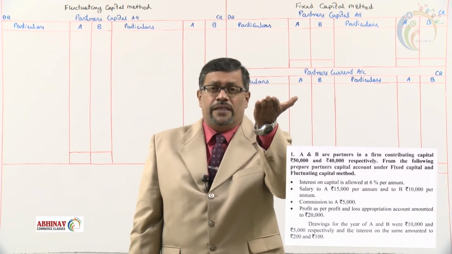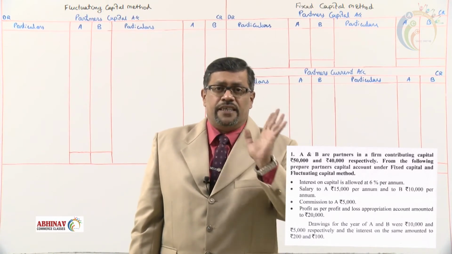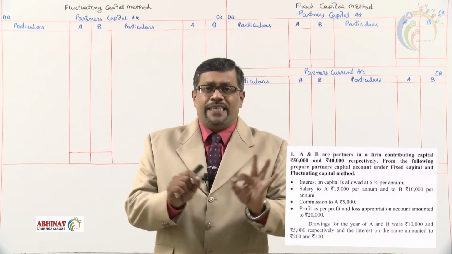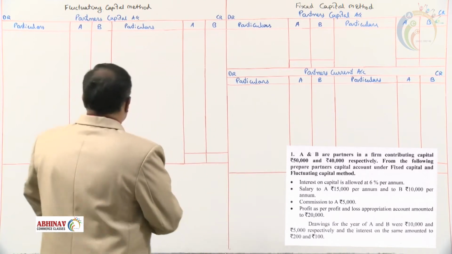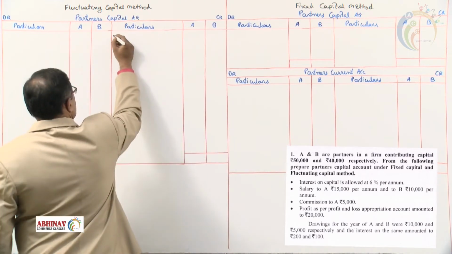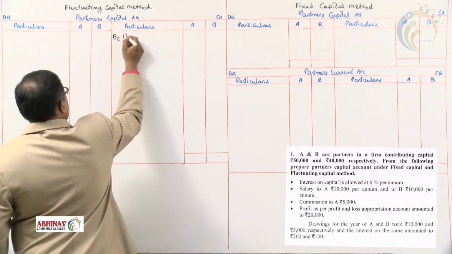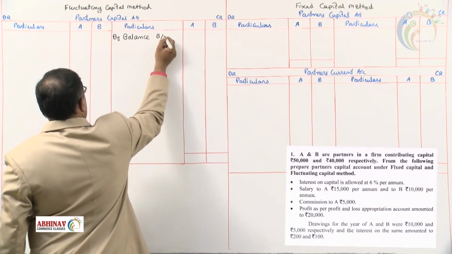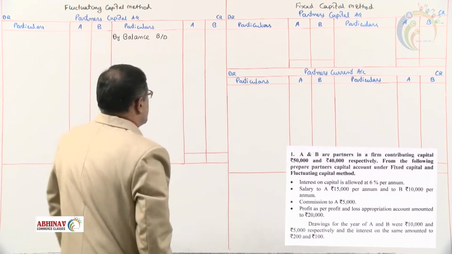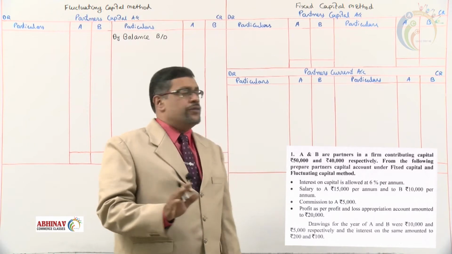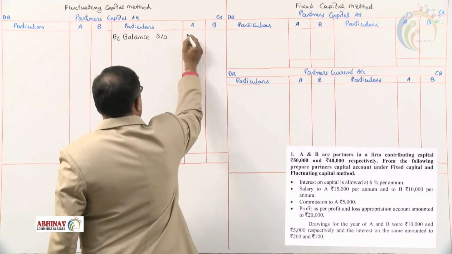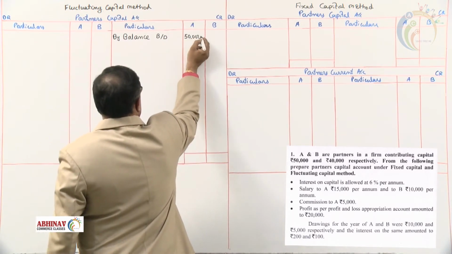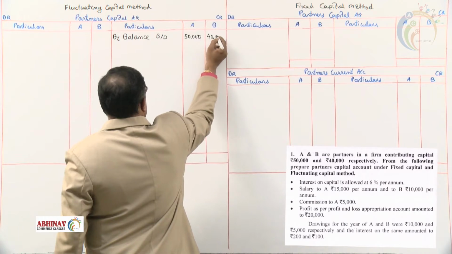Increase in the capital balance is nothing but increase in liability. Let us credit that. The capitals brought in by the partners, we record as by balance brought down. A is contributing 50,000, B 40,000.